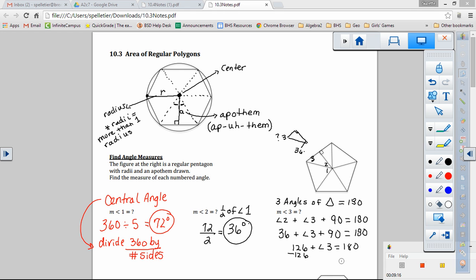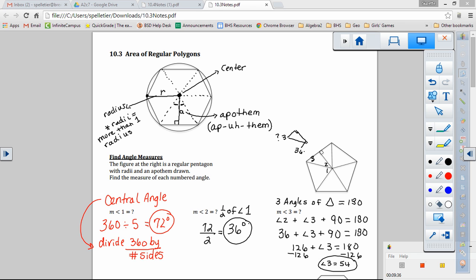Subtract the 126 from both sides, and angle 3 is going to equal 54 degrees. So you find the third angle by adding the angles together that you know and subtracting them from 180. That skill is going to be important, being able to find your angle measures.